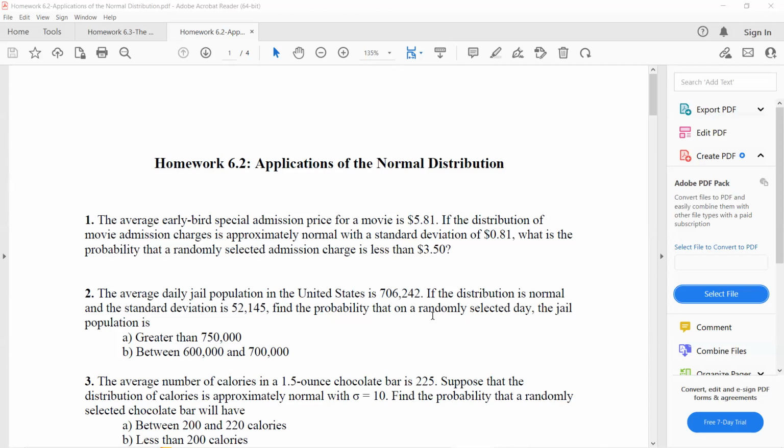If the distribution of movie admission charges is approximately normal, with a standard deviation of 81 cents, what is the probability that a randomly selected admission charge is less than $3.50? Okay. Well, we start by drawing a normal curve.